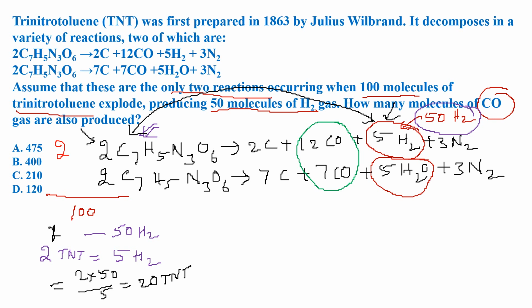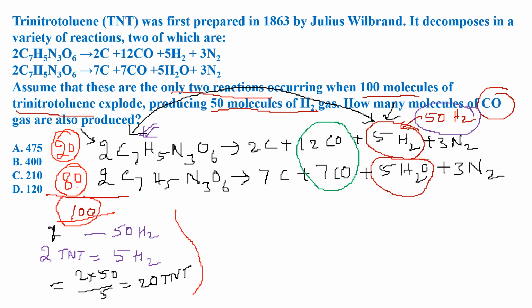Then for the second reaction the total molecules is 100. 100 minus 20 is 80, because the total is 100. So the first reaction has 20 TNT molecules, the second has 80.